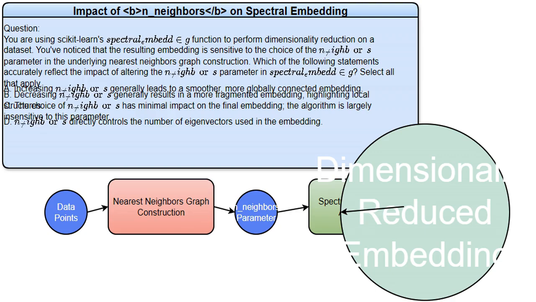The n_neighbors parameter doesn't directly alter the number of dimensions in the reduced space, but it powerfully shapes how the data is arranged within that reduced space. It controls how much the embedding shows the global picture versus highlighting local clusters.